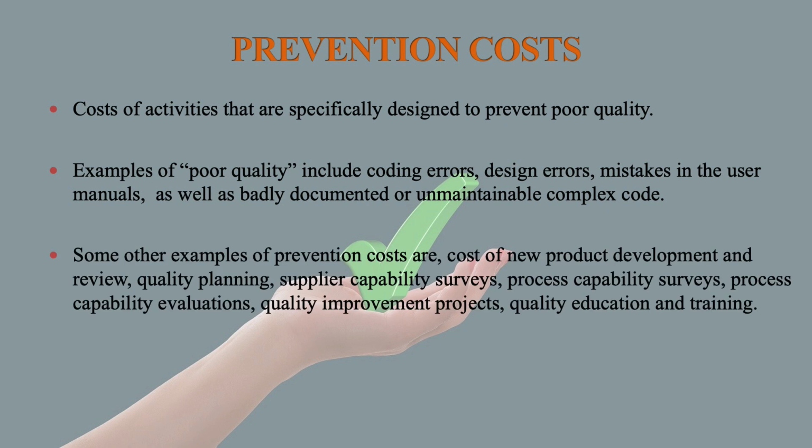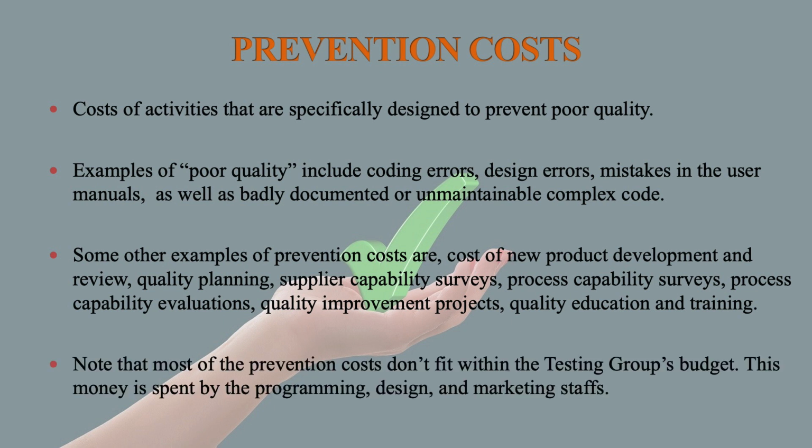Some other examples of prevention costs are cost of new product development and review, quality planning, supplier capability surveys, process capability evaluations, quality improvement projects, quality education and training. Note that most of the prevention costs don't fit within the testing group's budget. This money is spent by the programming, design and marketing staff.